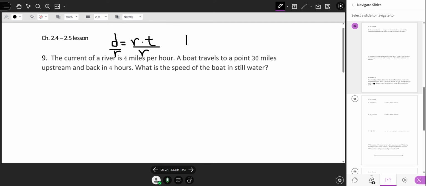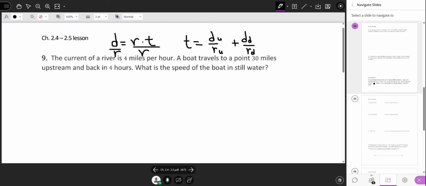So what we've got is time is equal to distance over rate. The problem is we've got a distance upstream and a rate upstream. We've got a distance downstream, and we've got a rate downstream. So we've got to change our formula.